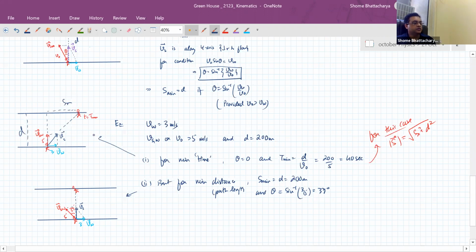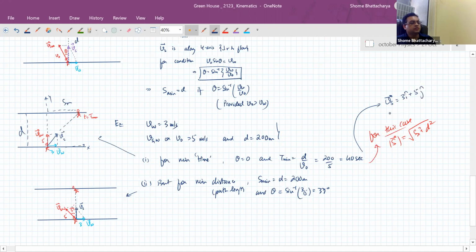Now here you can see that because his net velocity in this case will be 3 i cap plus 5 j cap.